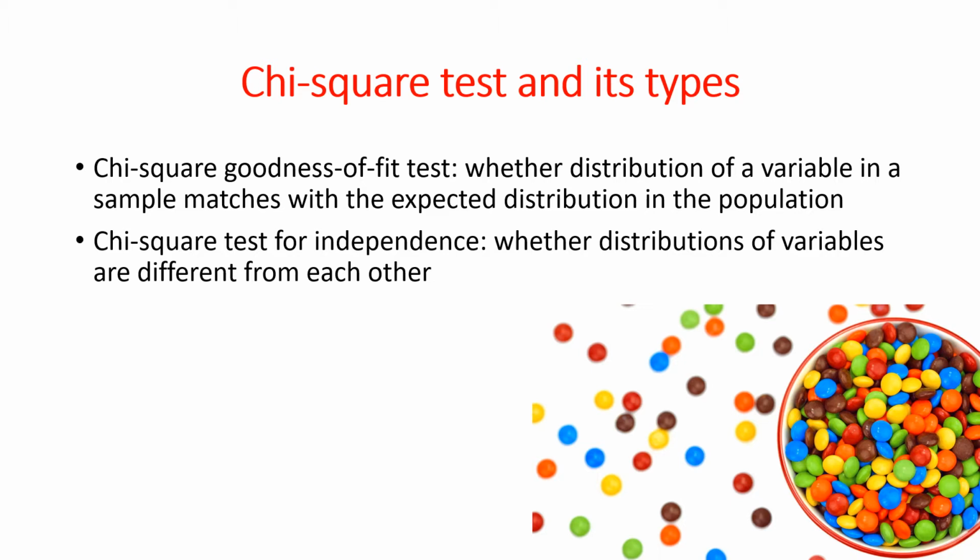And if you want to see whether these two variables are related or not, you can use a chi-square test for association or independence. So a chi-square test is a non-parametric test which you use for categorical data, and it has two types.